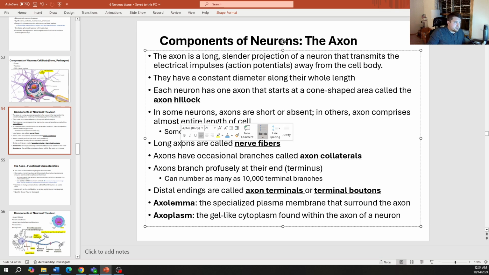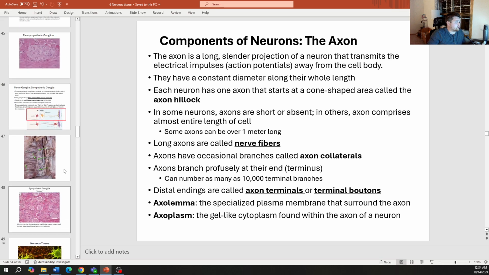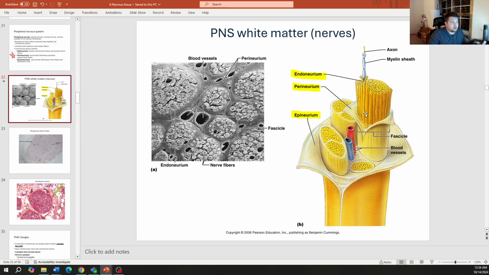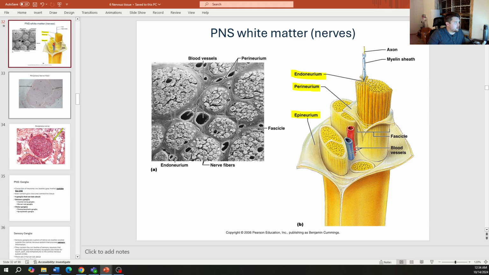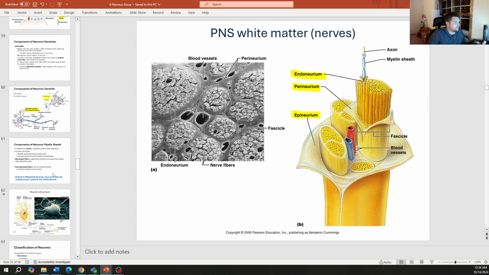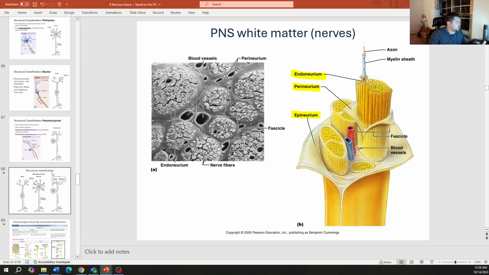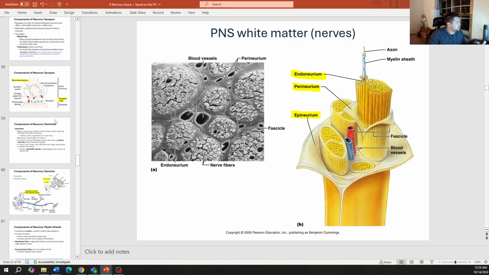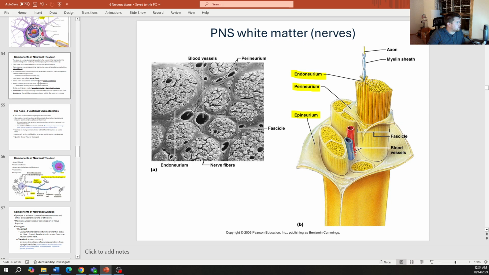The long axons we call nerve fibers, and we saw the overall structure of those nerve fibers back in here. Each of those individual nerve fibers all coming together to form fascicles to then form a full nerve. And we were here.